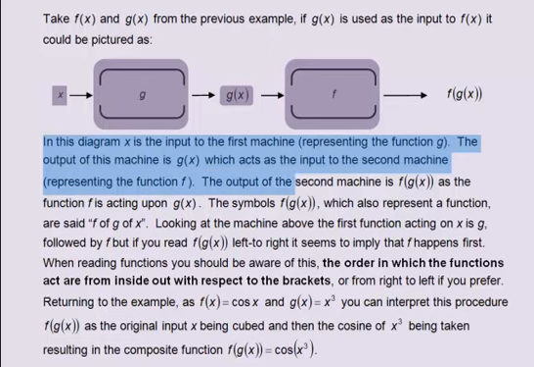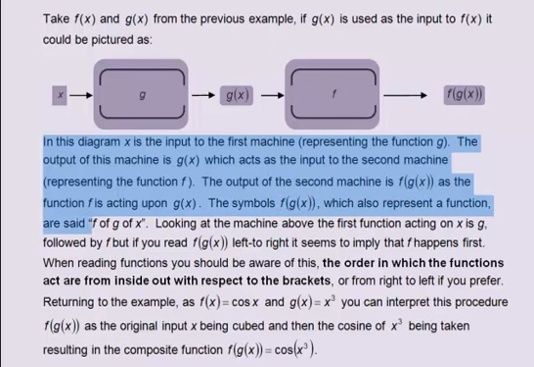The output of the second machine is f of g of x, as the function f is acting upon g of x. The symbols, which also represent a function, are said "f of g of x".